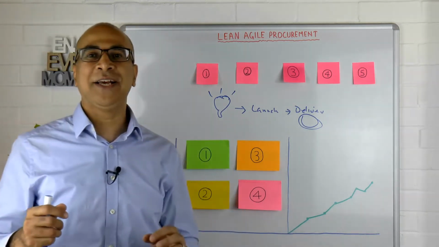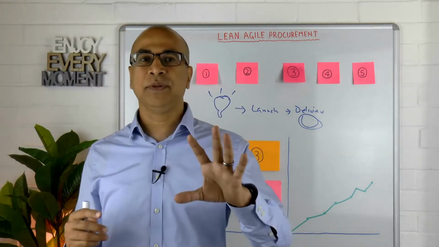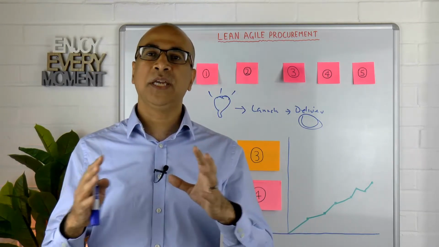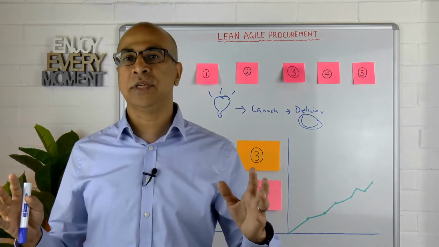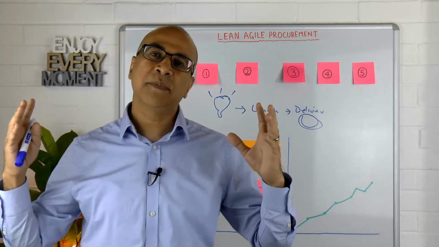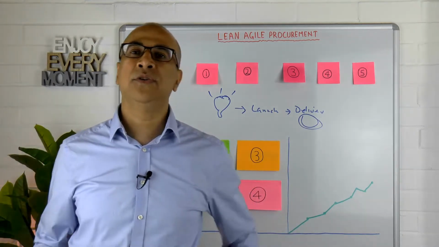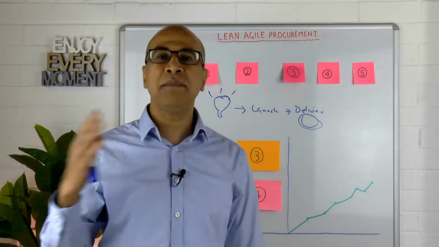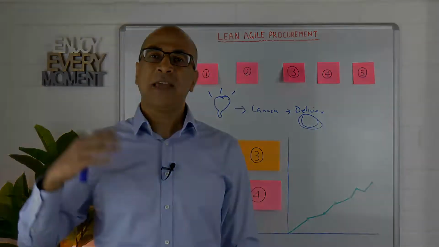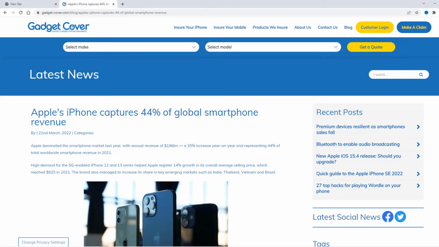If we look at a classic example of Apple, Apple continues to dominate the smartphone market, even though they were very late entrants into the mobile phone market space. In any case, they only joined in 2007, and there were many, many other companies at that point in this space. If you look on your screen, you'll see that Apple has captured 44% of the global smartphone revenue.